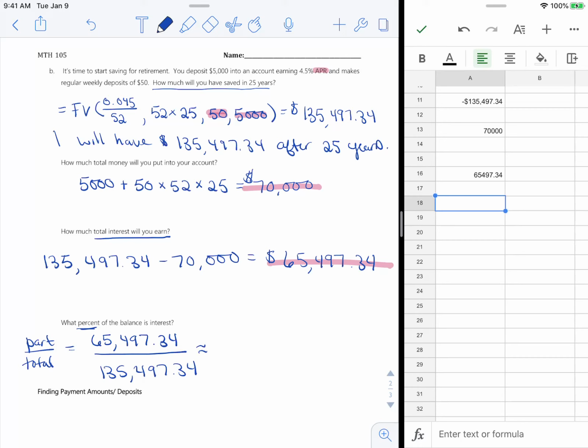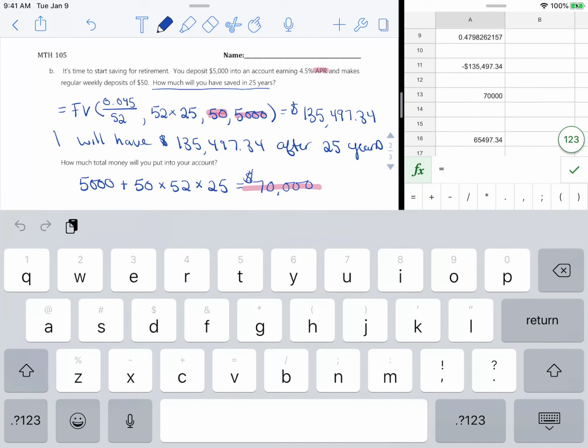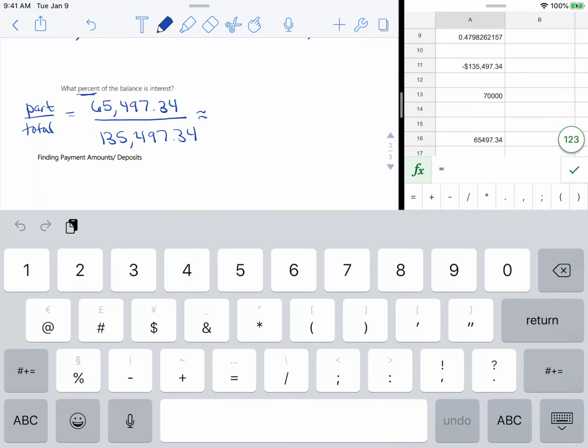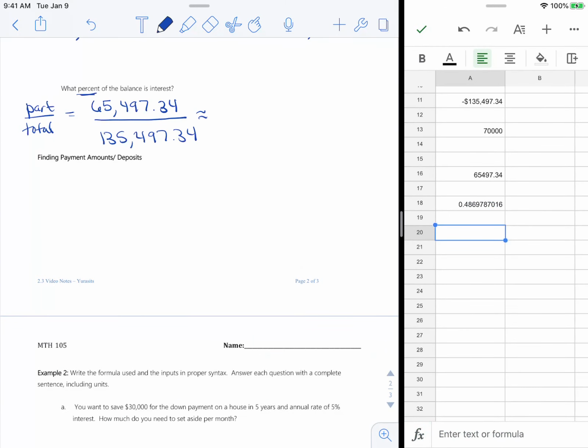I could just select it, divide it by the total. So it's about 0.48698. So about 48.7% is in interest.